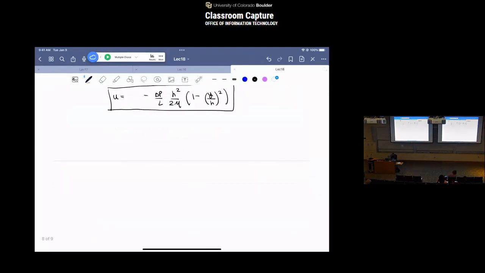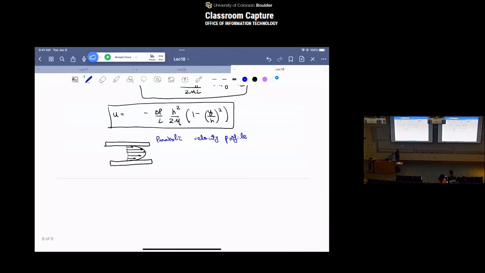Okay, so this velocity profile is like this. You get a velocity profile which is now a parabola. Okay, so parabolic velocity profile.